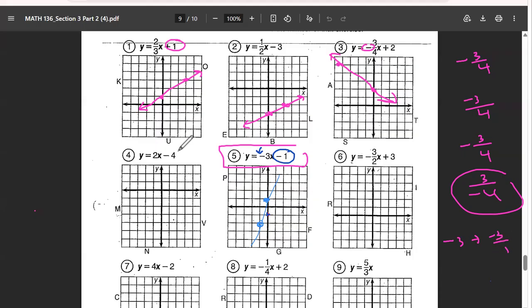So this is saying y is equal to -3 over 1 x minus 1. Okay. So that's okay. So we can rewrite that. So we're going to go down 1. Okay. Put a dot there. And then we're going to go down 3 and over 1. So 1, 2, 3, 1. Okay. And this should be our answer right here.